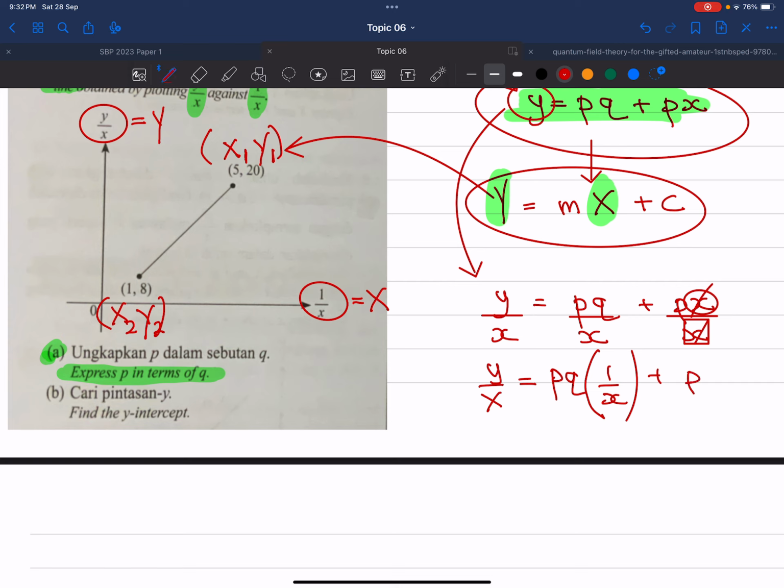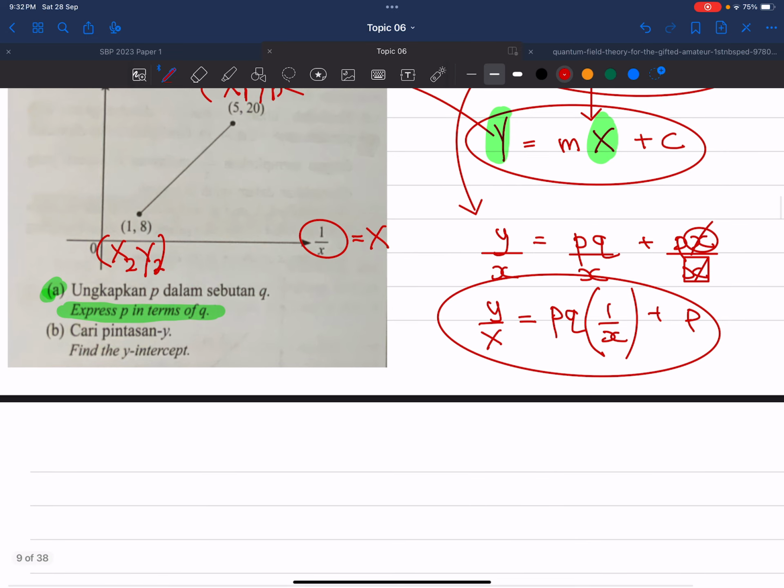So now this is the equation of capital Y and capital X plus C.